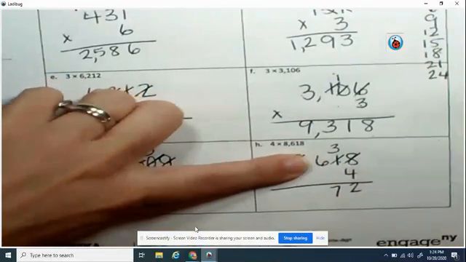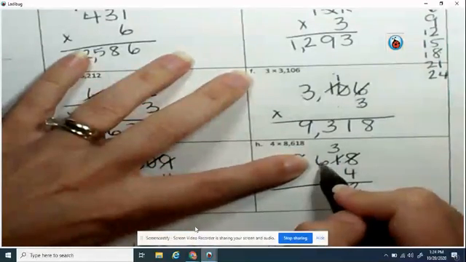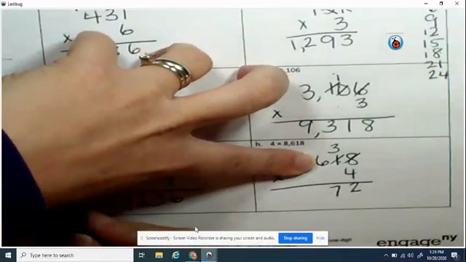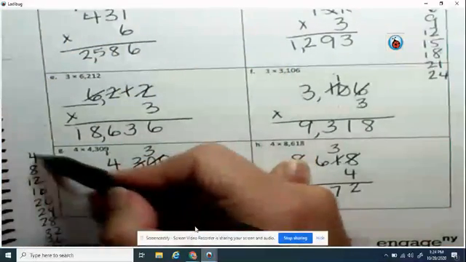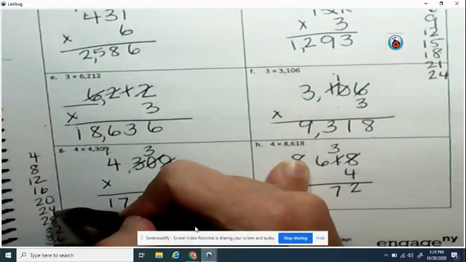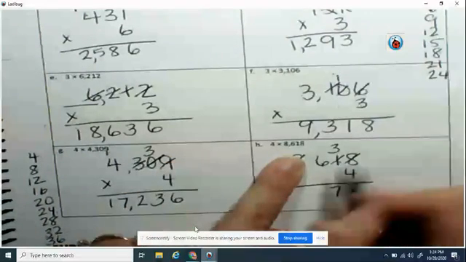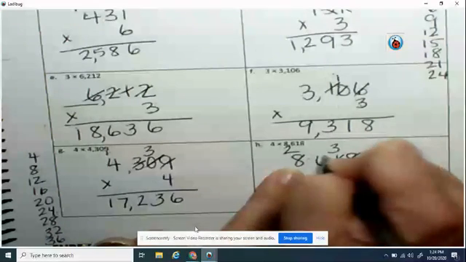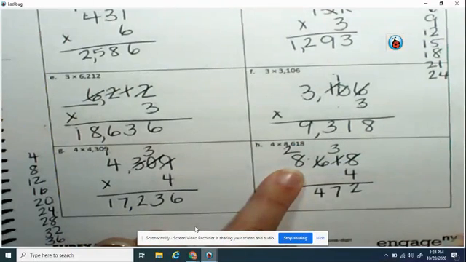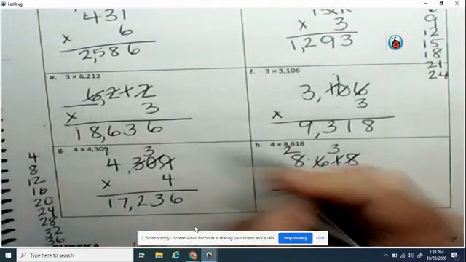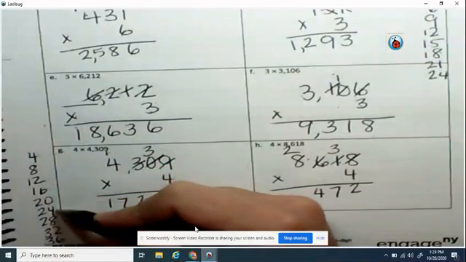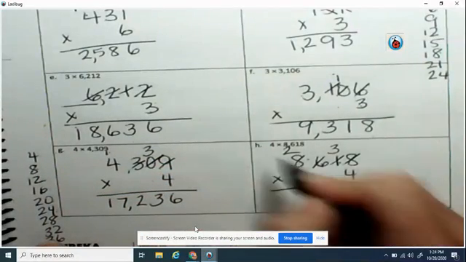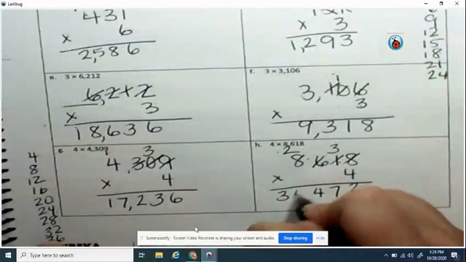We've done both those. 6 times 4. 1, 2, 3, 4, 5, 6. 6 times 4 is 24. We've done the 6. 8 times 4 is 32. Plus 2 more is 34.